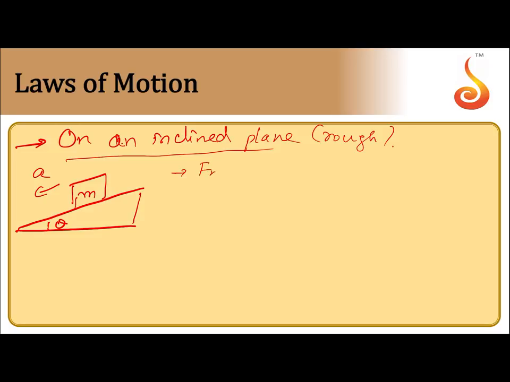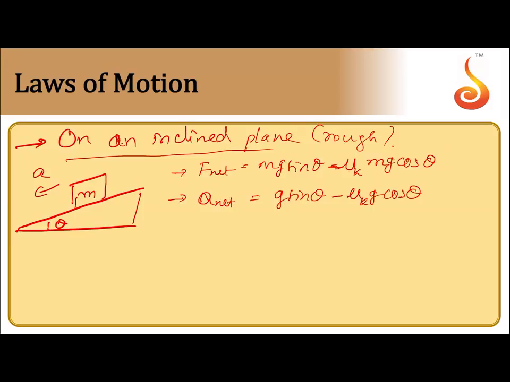Some of the important results are here. Number 1, net force acting on the object along the downward direction is mg sin theta minus mu k into mg into cos theta. You may wish to write down these details. Net acceleration is equal to g sin theta minus mu k g cos theta.